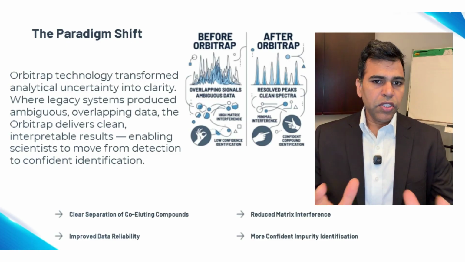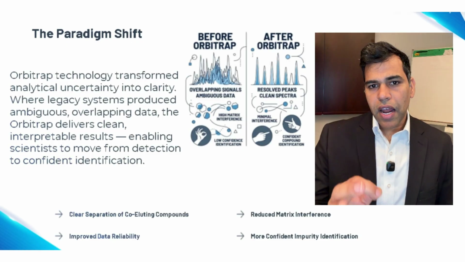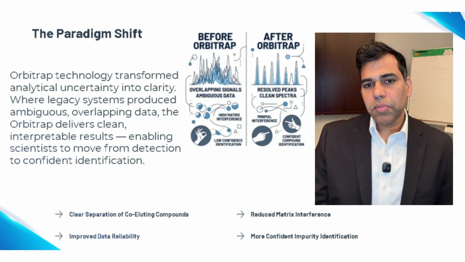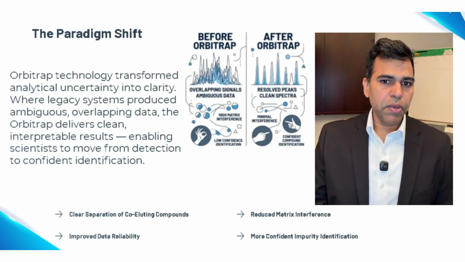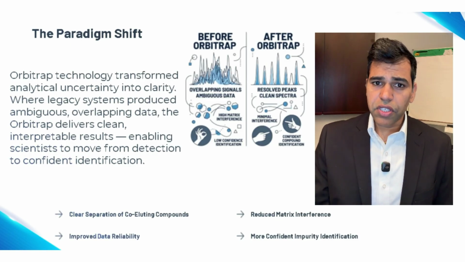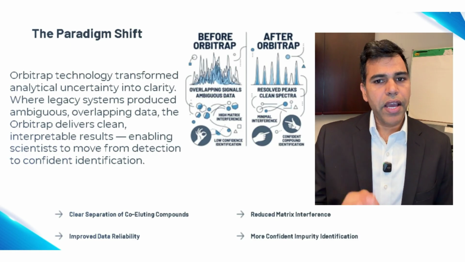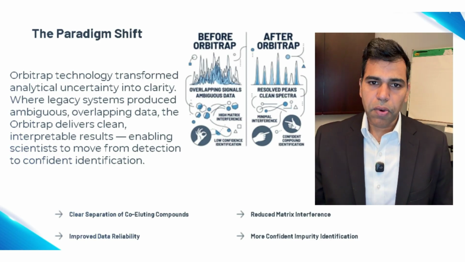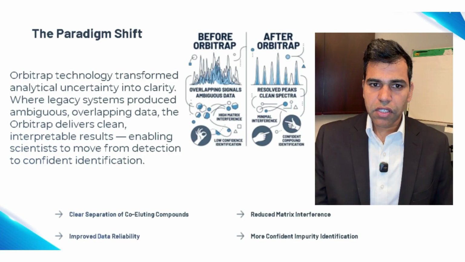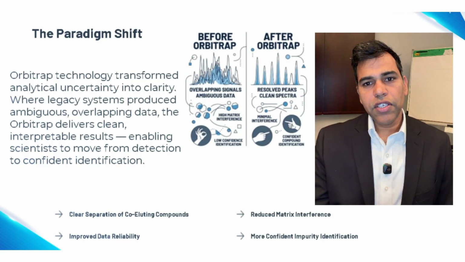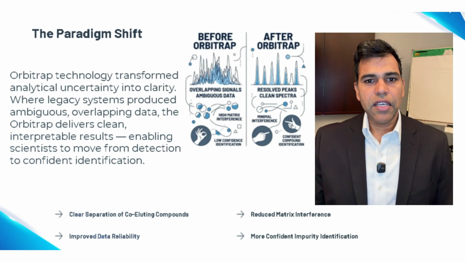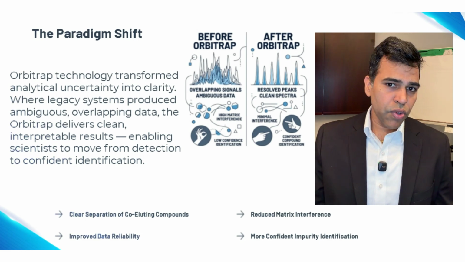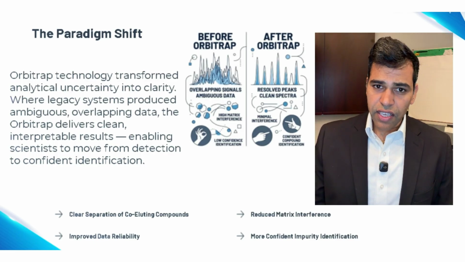So the paradigm shift. I call this a paradigm shift, and it's not an overstatement. Where legacy systems gave you ambiguous overlapping data and left you making interpretive guesses, the Orbitrap HRMS gives you clarity: clean separation of co-eluting compounds, reduced matrix interferences, data that you can actually trust, and more importantly, data that you can actually defend to the regulator, to the reviewer, to a QP signing off on a release.